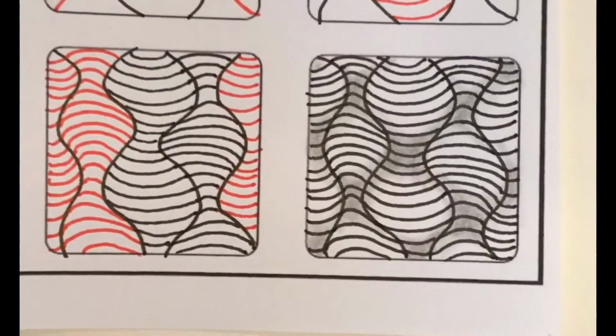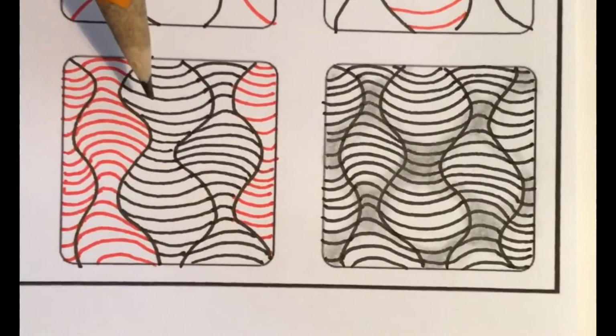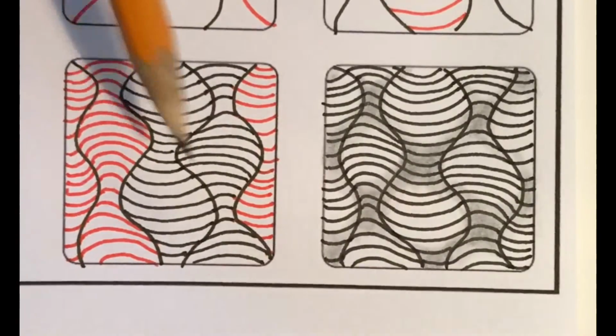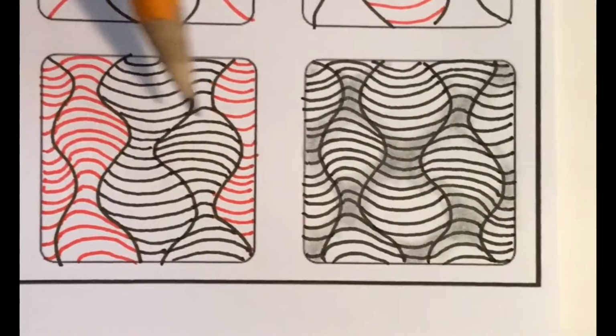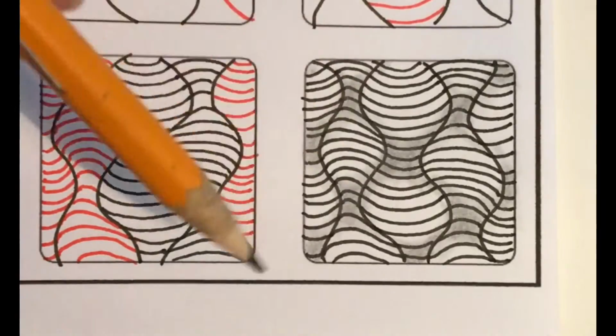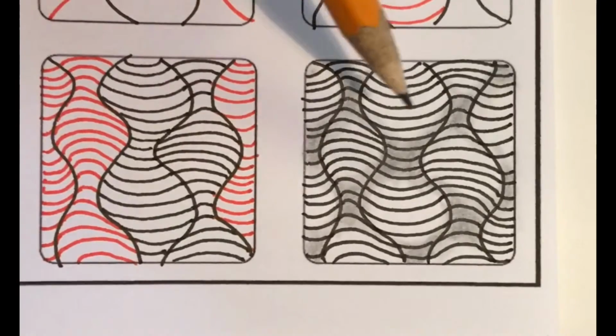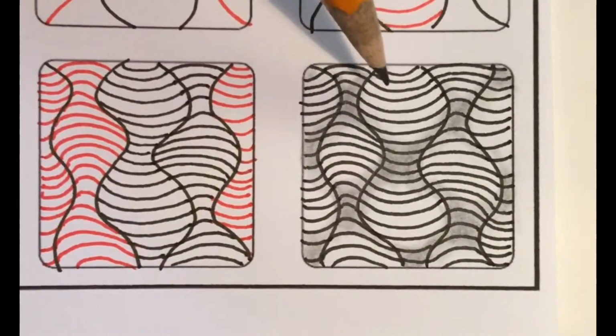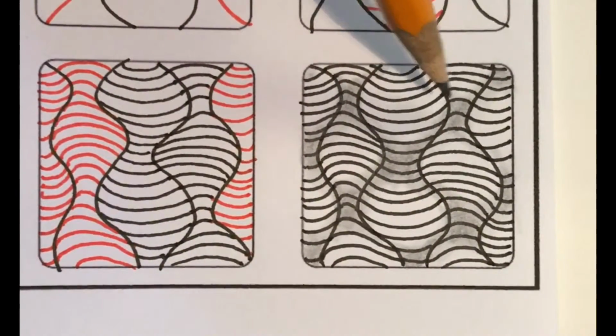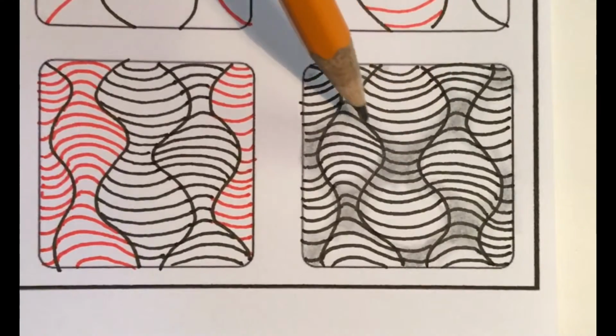This one is really fun because it goes from being a bunch of squiggly lines to being these wavy, bulbous sort of shapes coming in and out. And it's a little bit of a trick of the eye too, because this one's going in and this one's coming out and this one's going in.